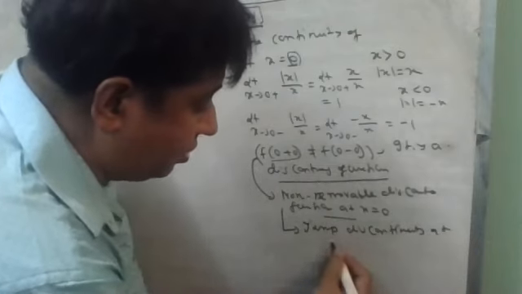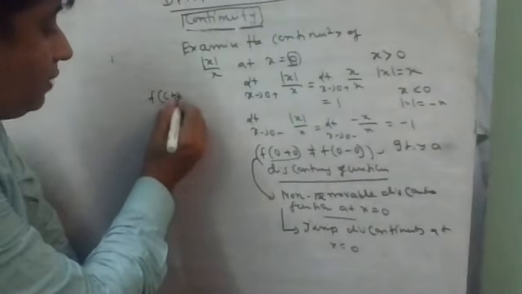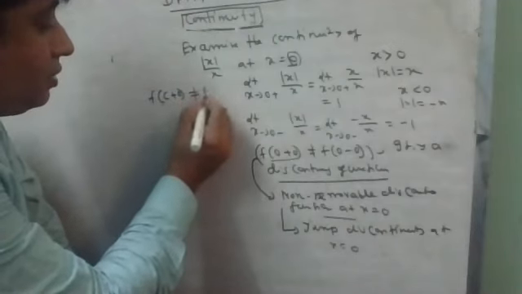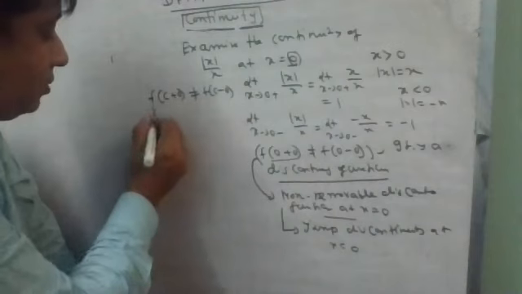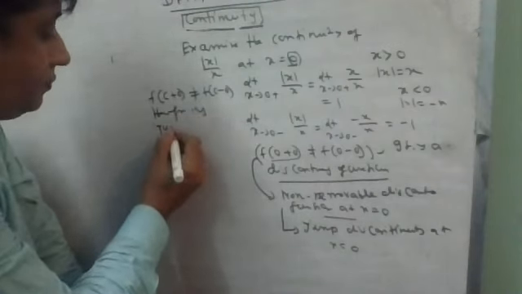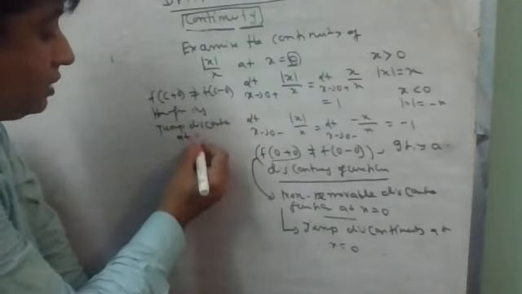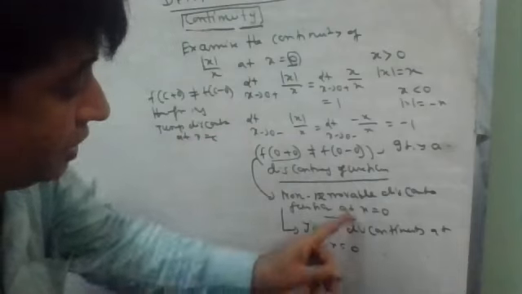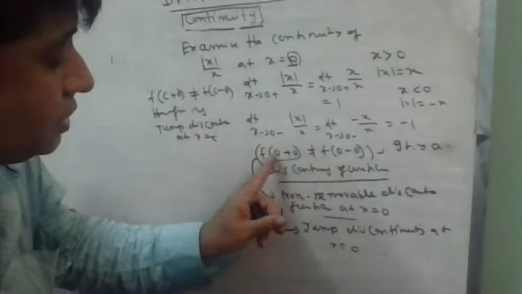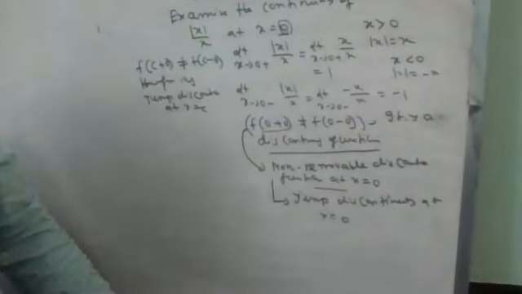Jump discontinuity at x equals 0, because we are already taught that if f(c plus 0) is not equal to f(c minus 0), then the function is jump discontinuous at x equals c. Here instead of c we have got 0. f(0 plus 0) is not equal to f(0 minus 0). So it is jump discontinuous at x equals c.